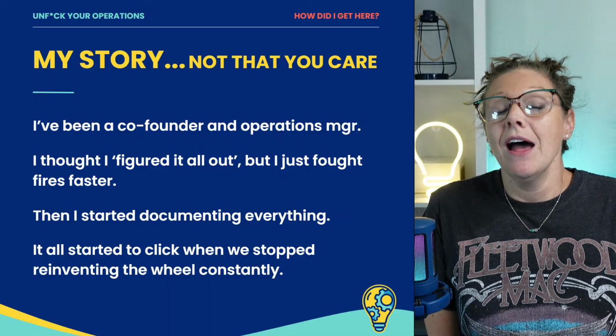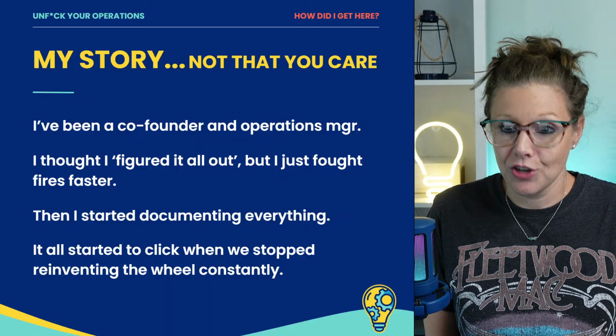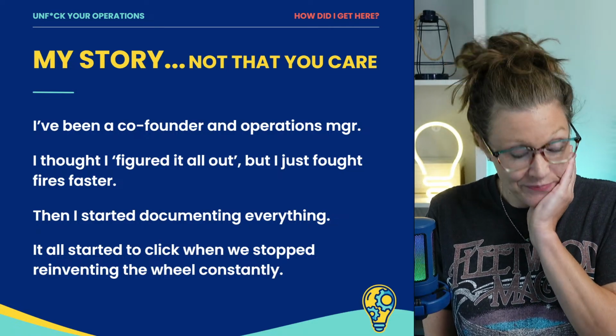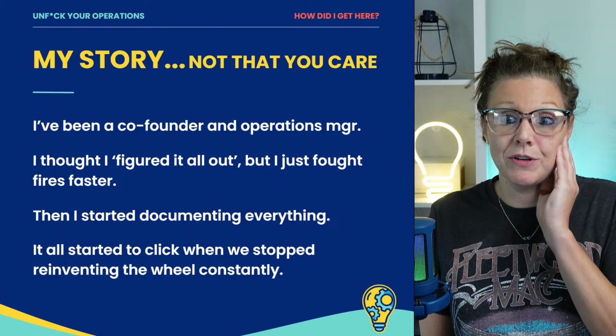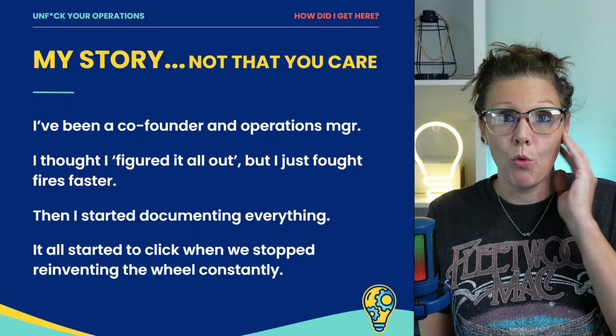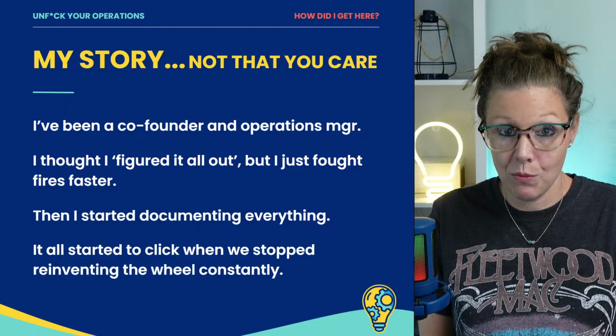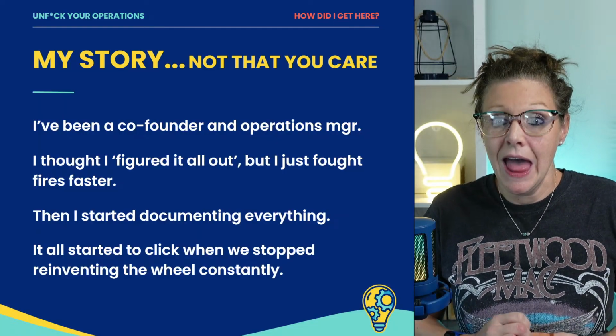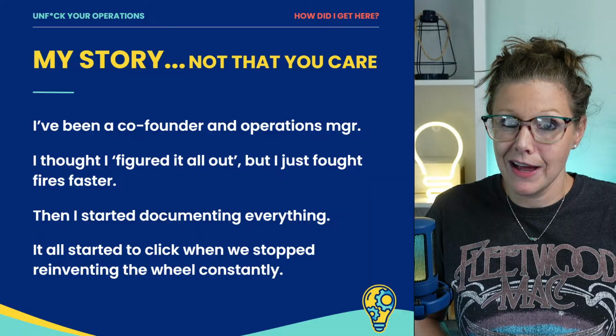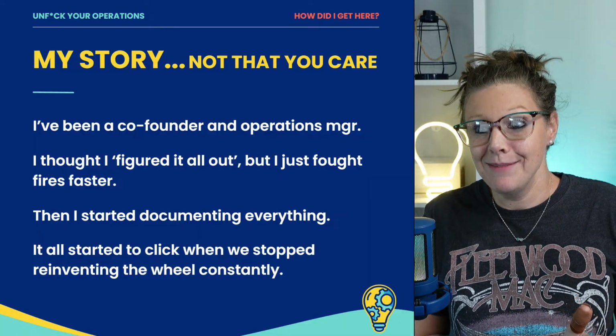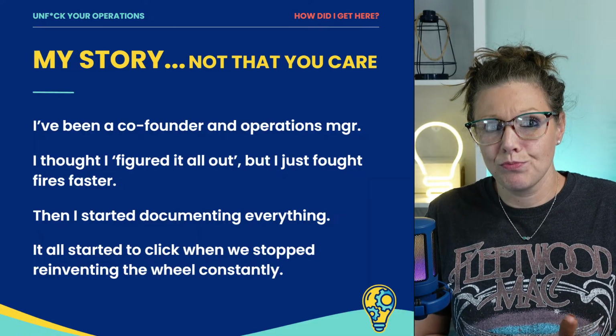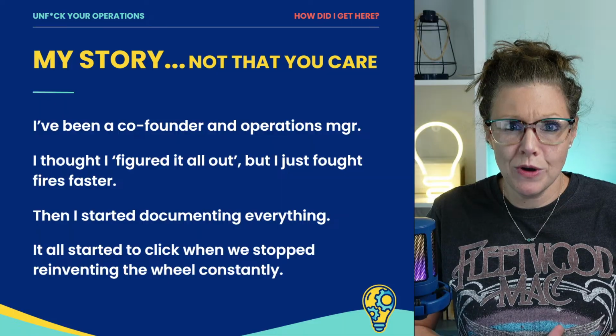So one day I just took a deep breath, and it really hit me that I wasn't building something that worked long term. I wasn't building something repeatable. I was just getting better at fighting fires. And I was really tired of being the only one who knew how things worked.